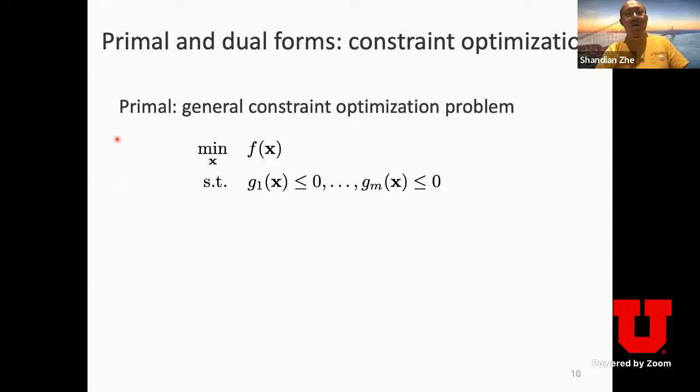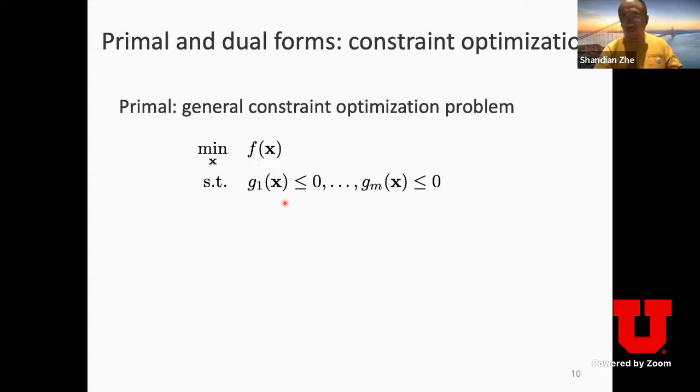Suppose this is our objective function f. We want to minimize f, subject to a list of constraints. Each constraint is described by an inequality: g1(x) less than or equal to 0, g2(x) less than or equal to 0, until gm(x) less than or equal to 0. This is defined as the primal form.